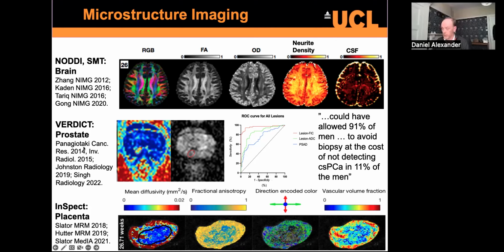Initially put forward in 2014, it showed a promising proof of concept in looking at prostate cancer in 2015. The aim here is to try to replace the current standard of clinical care in prostate cancer, which is a prostate biopsy.